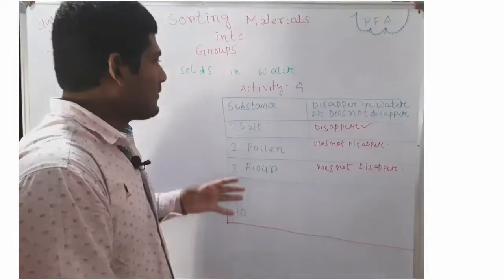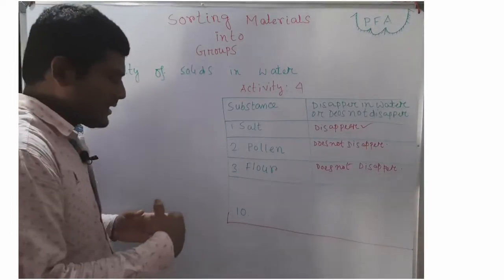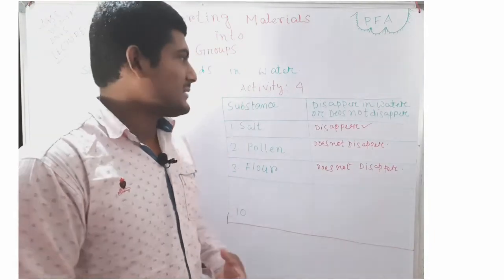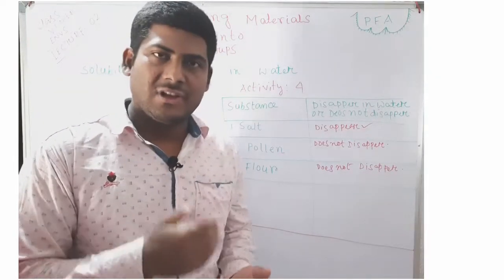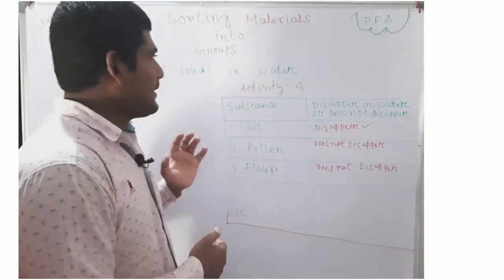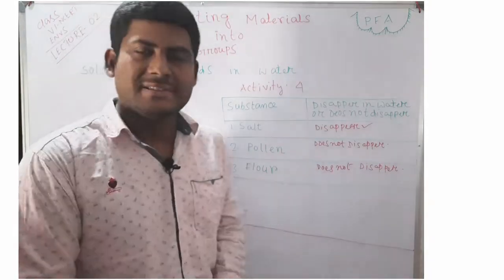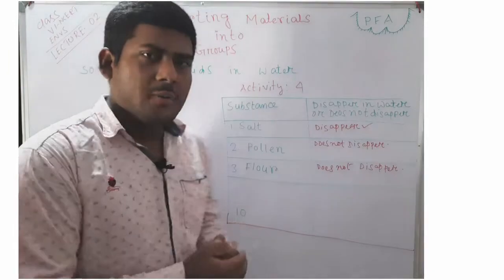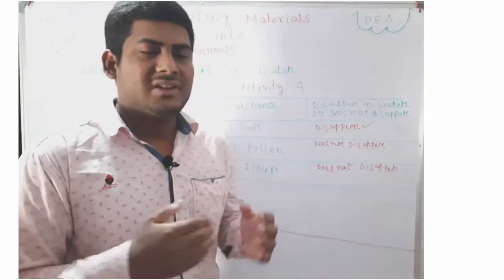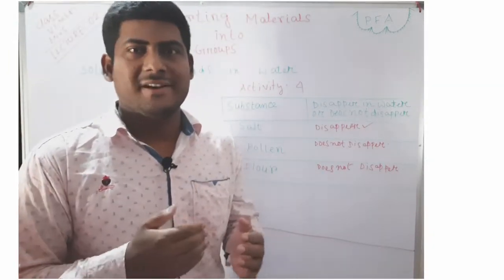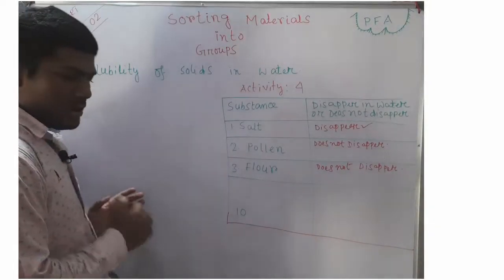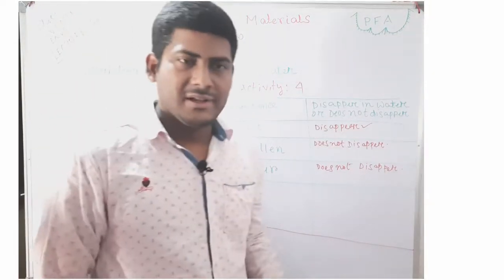So from this activity, in conclusion, we can say that there are some substances which are soluble in water and some substances which are not soluble in water. So these are the solubility and insolubility properties of substances. Hope all of you understood this activity.